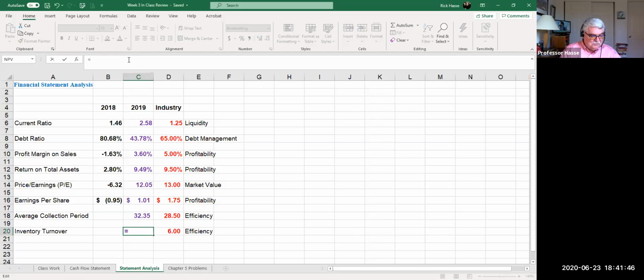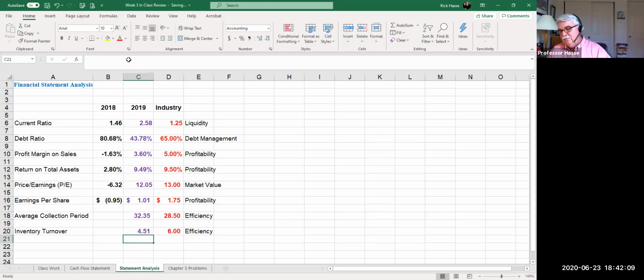It's cost of goods sold, $5.8 million, divided by the beginning inventory balance on the balance sheet, 1,287,360. There we go. Okay. Thank you, Mr. Hassey.